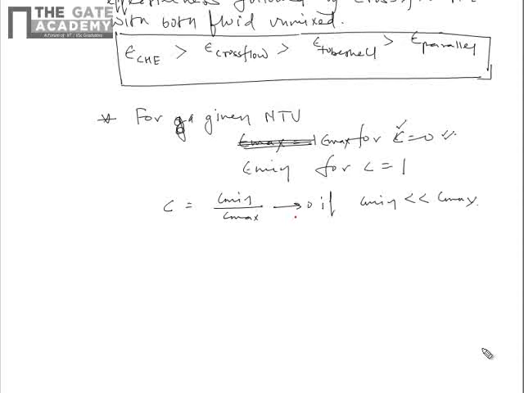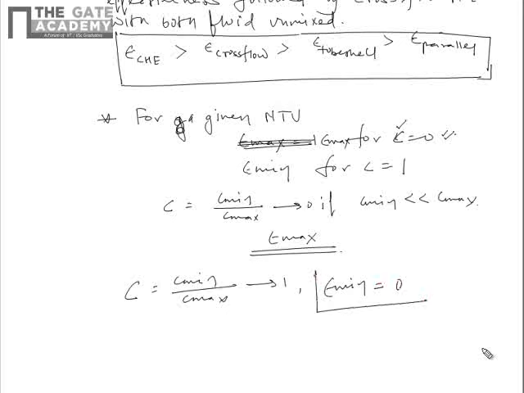In this situation, effectiveness will be maximum. And if C, equal to C minimum upon C max, is tending to 1, in that situation minimum effectiveness tends to 0. Okay?